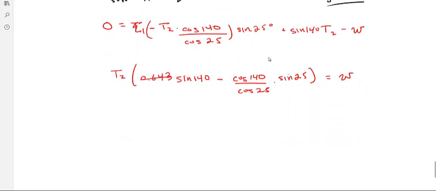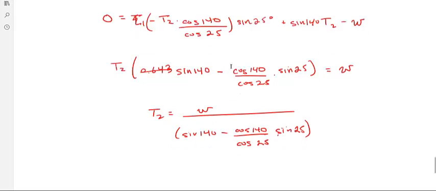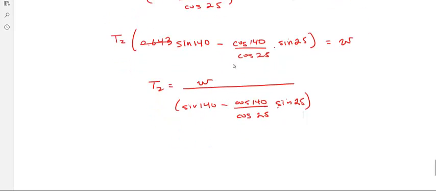And so ultimately I get T2 is equal to W divided by this expression, sine of 140 minus cosine of 140 over cosine of 25 times the sine of 25. And I could have been even more general. I could put in these angles, but let's not get too carried away here. Okay, so T2.